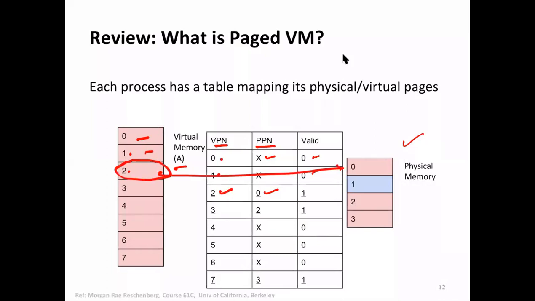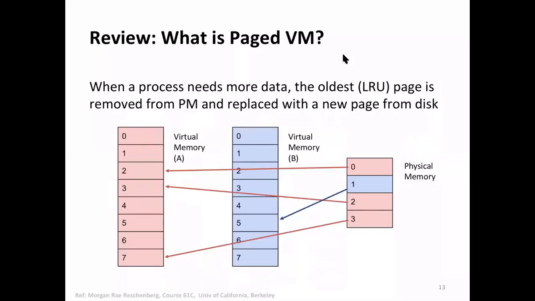Then 3 is mapped to 2, and page 7 is mapped to 1. Oh, page 3, sorry, this one. And this corresponds to another process which is not shown here. So we can see the mapping we have just discussed, and for the second process, page 5 is mapped here.